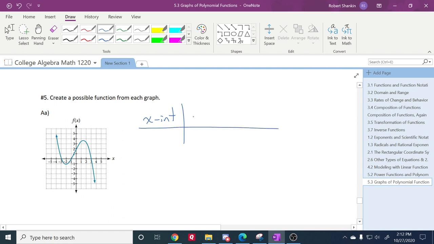Well, there's one at -3, and there's one at -1, and there's one at 3. And then, remember, it was multiplicity and then touch or cross. We can look at these and say, oh, it's crossing, it's crossing, and it's crossing. All three of these.